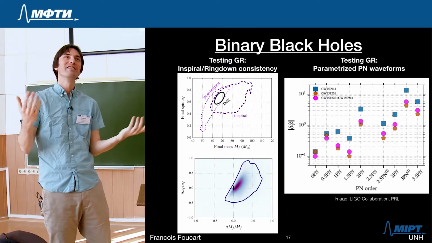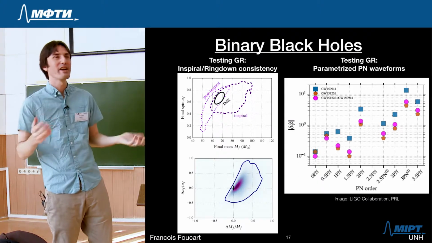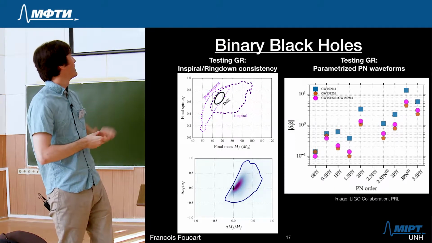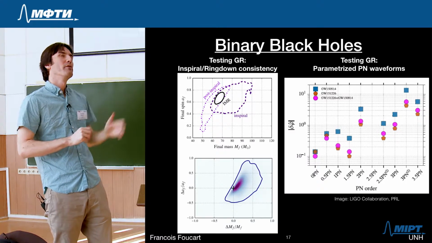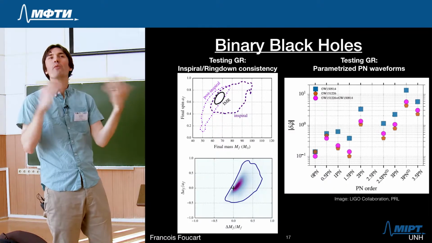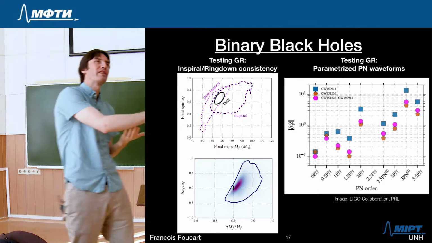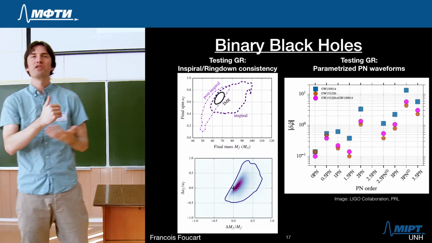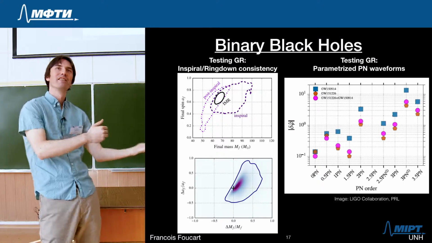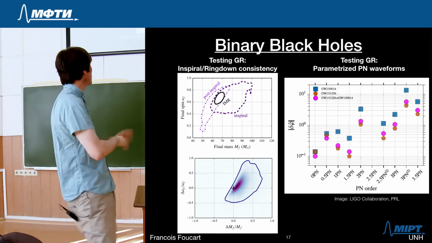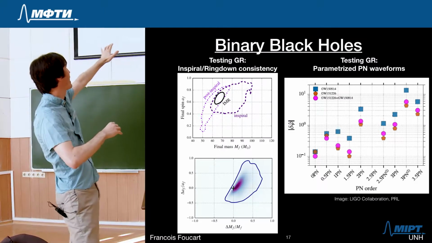And if it's not, then we better explain why. But so far it has been what we expect. And then there is a more quantitative check in which you parameterize in some way deviations from general relativity and see whether a small deviation from general relativity is more or less consistent with the data than what we observe. Those are 2 examples here made by LIGO recently.